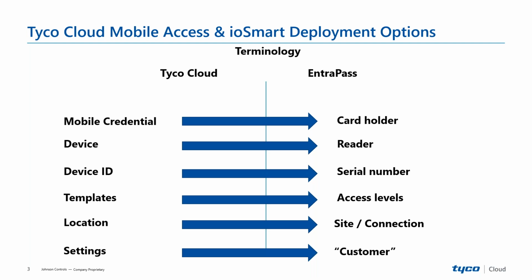A location is very simply a site. If I have 10 buildings, I will have 10 locations. A location is really an address you type in, and that's your building site location. I did put site connection in EnterPass. Depending on the software you have, you may be using it differently, but it's really the actual building itself. And the settings field is actually the customer.